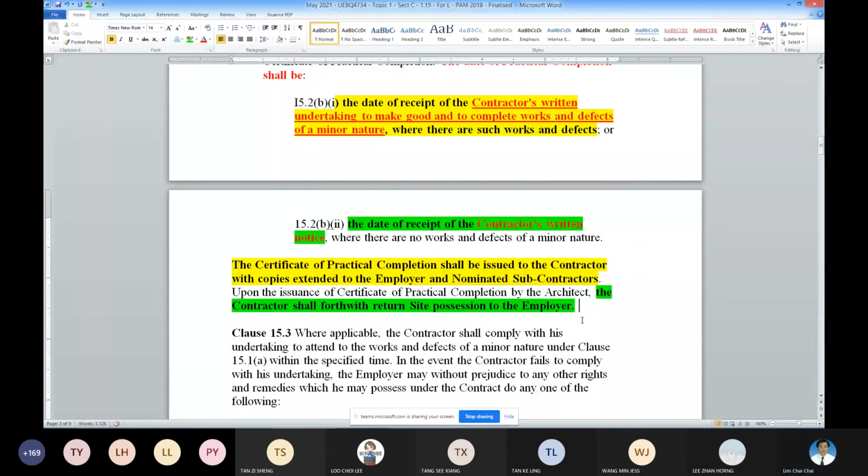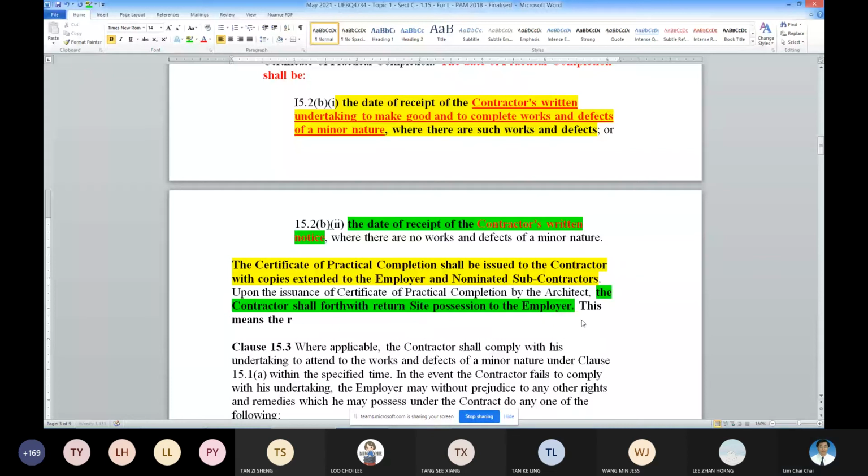This means the right to the project site by the contractor is extinguished, comes to an end. Okay, so this is very important.